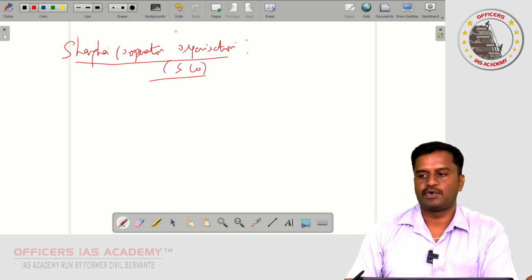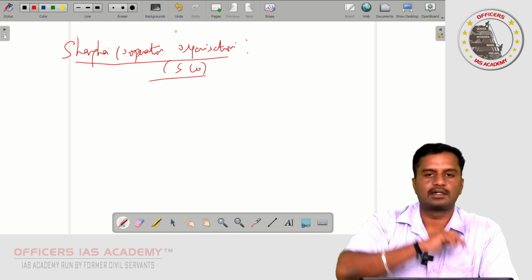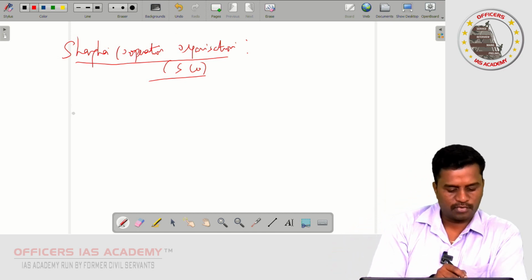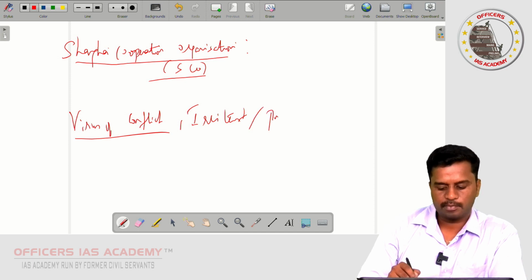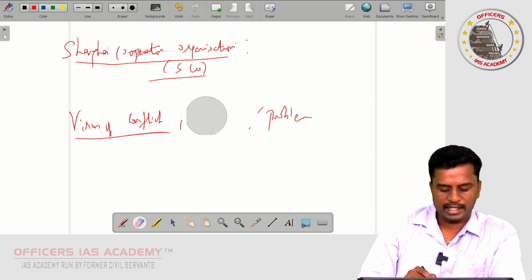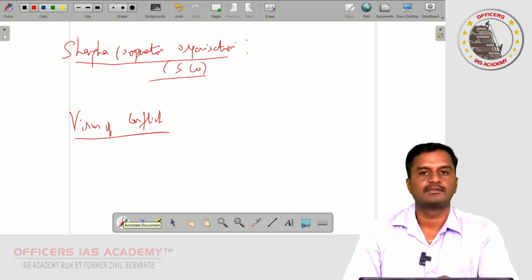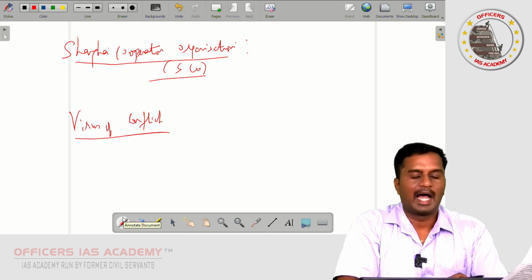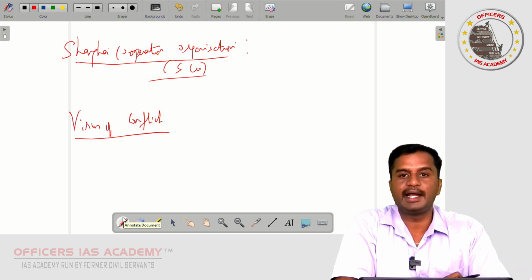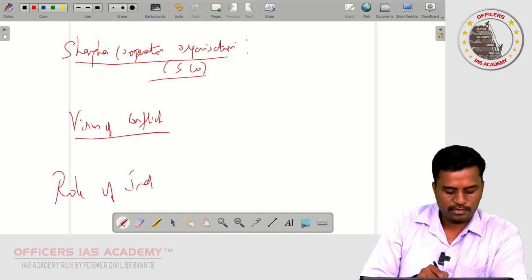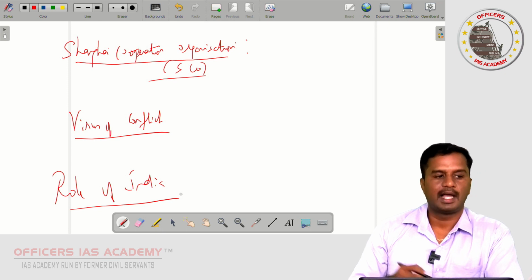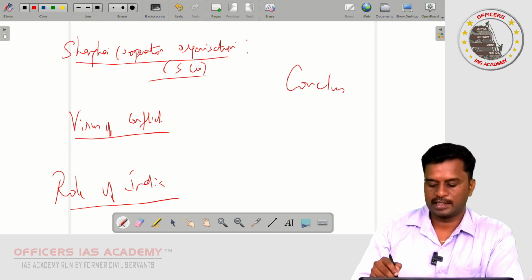So what can I give for the next heading or subheading? Conflict. I can write virus of conflict as such, or I can write irritants, or I can write problems. Here I am writing virus of conflict. Thirdly, I have to point out the role of India in mitigating the problems. What is the third heading? Role of India. And I have to give a conclusion at the end.